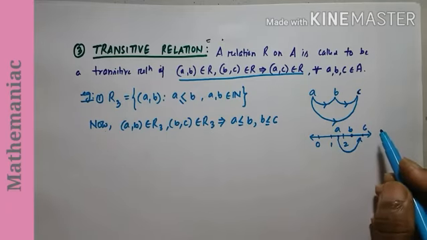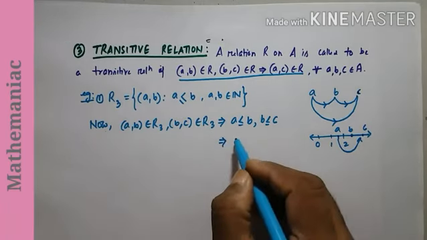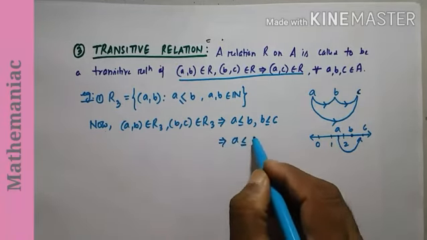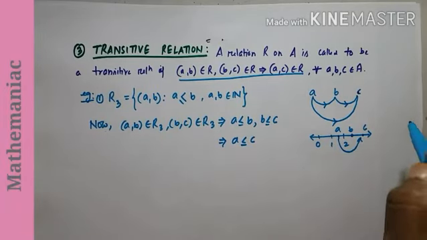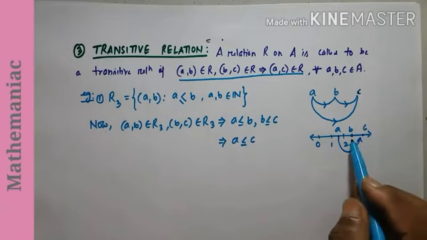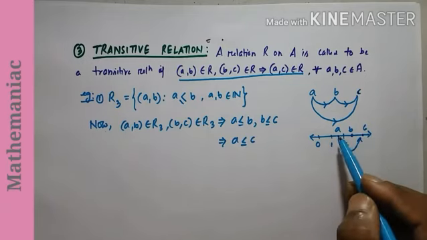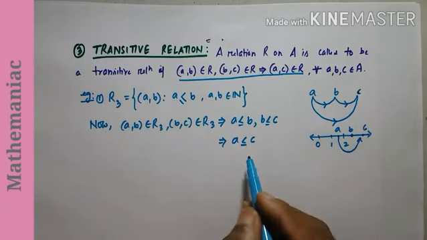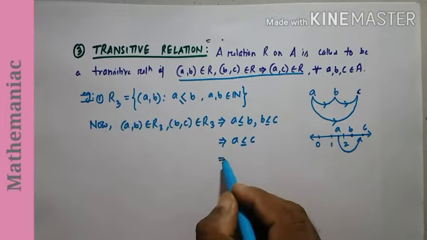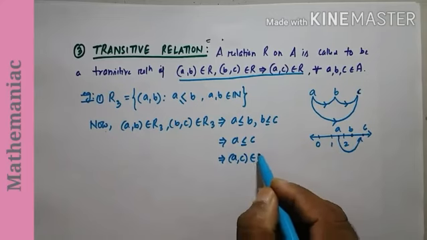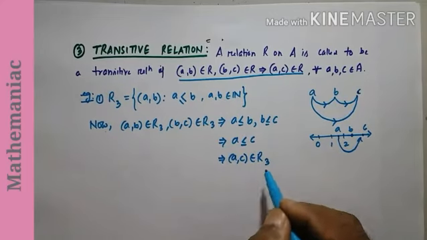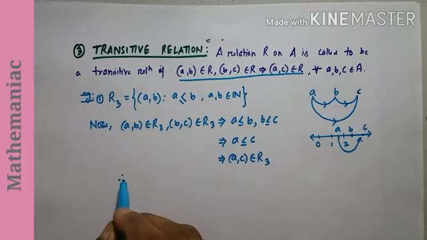What does it mean? It means that A will always be less than C, because C is always standing to the right of A. Or maybe in the worst case C and A are both equal, right? So if this happens, what conclusion can I get? I can say (A, C) also belongs to R. So now write the concluding step.